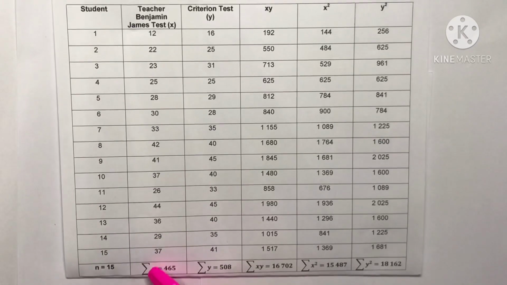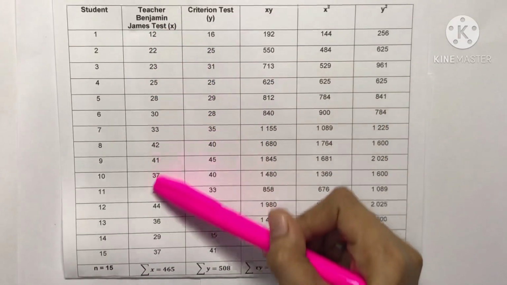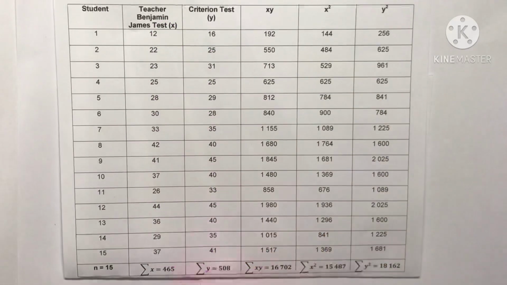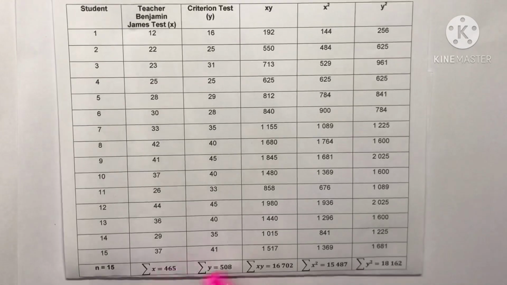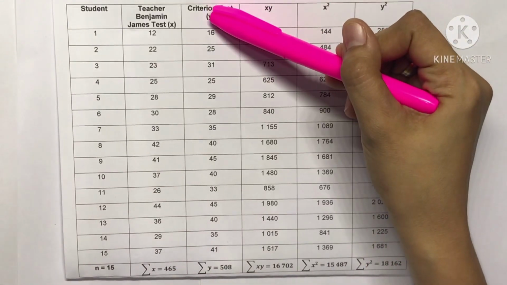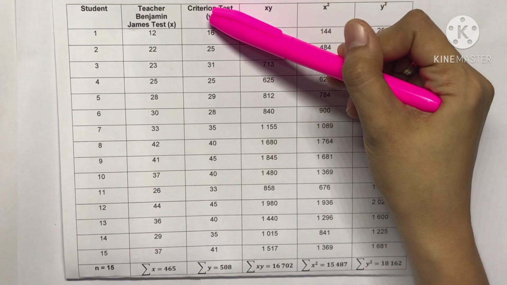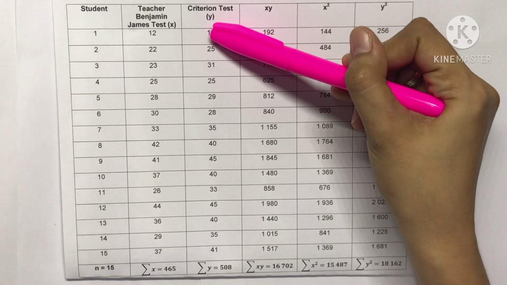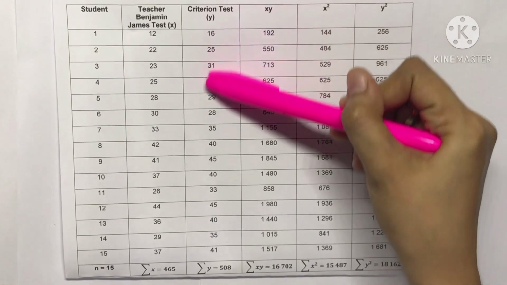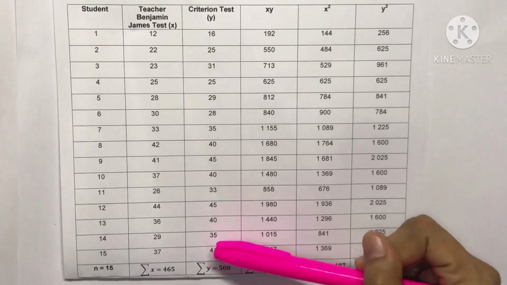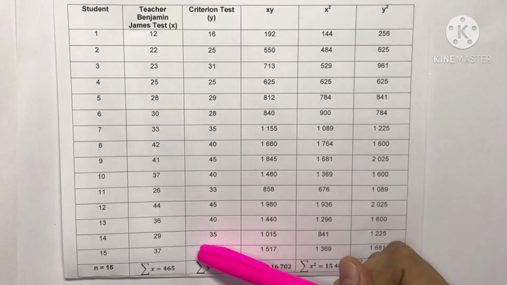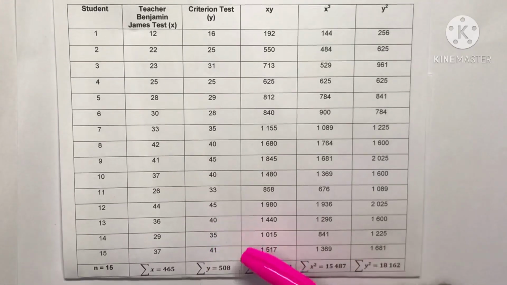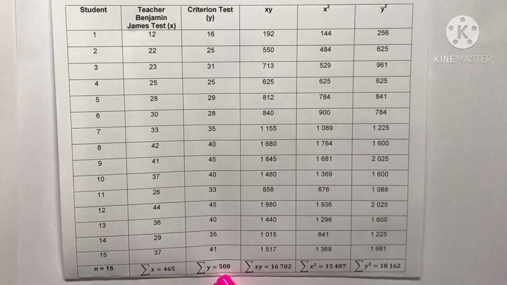So the summation of x here, if you get the total of this, we got 465. And for y, all we need to do is to add all of this, 16 plus 25 and so on up to 41. So the total will be 508. So therefore, summation of y is equal to 508.